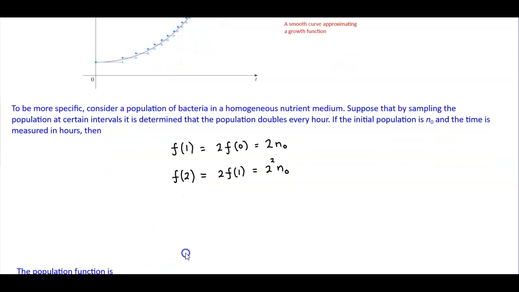And then if we want to find f of 3, then that's going to be equal to 2 times f of 2, which then becomes 2 cubed times the initial.